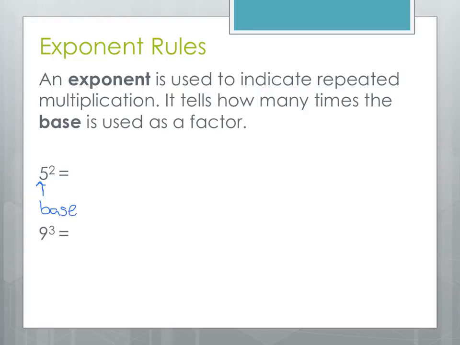And then our exponent, the small superscript up top, is how many times we're going to repeat this 5, okay? And we're going to multiply every single time. So this says 5 to the second power, or for the second power we might say 5 squared. Okay, 5 squared, or 5 to the second power, is 5 twice. So 5 times 5, and 5 times 5 is 25.